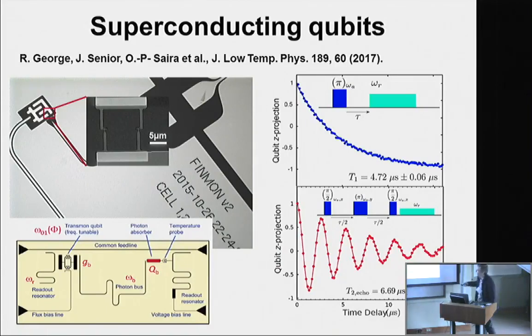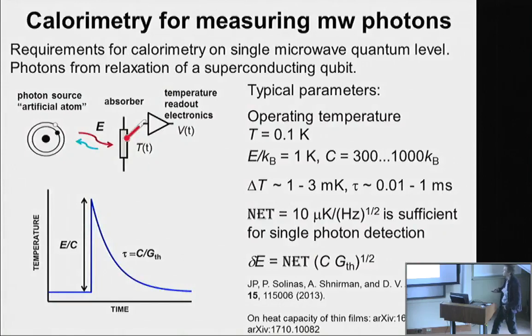The idea is that you drive a qubit and couple it through the cavity to this mini bath, which is in our case a metallic absorber, and you see its temperature as I described earlier, but now due to the transitions in a quantum system. So it allows you, in principle, to monitor the full quantum jump trajectories of the system.